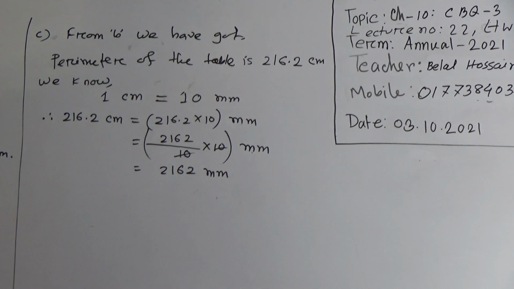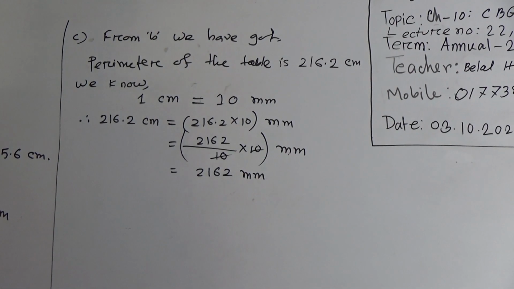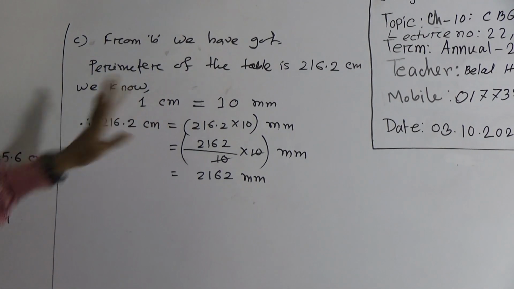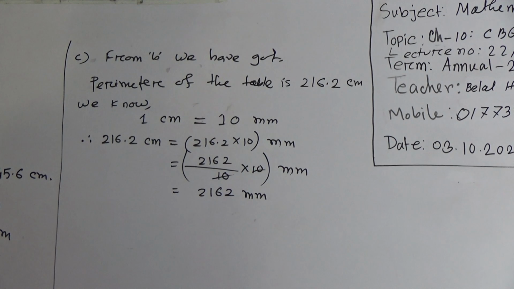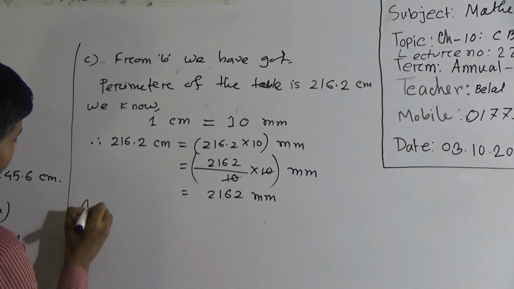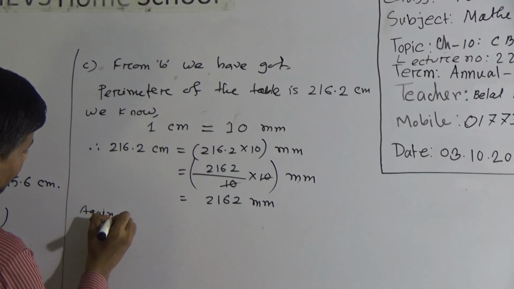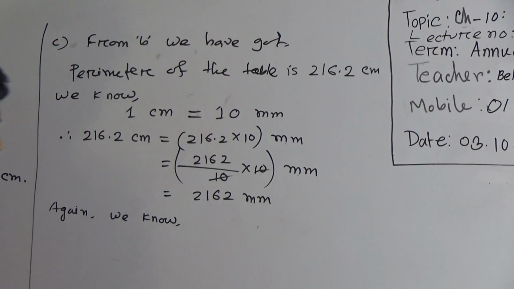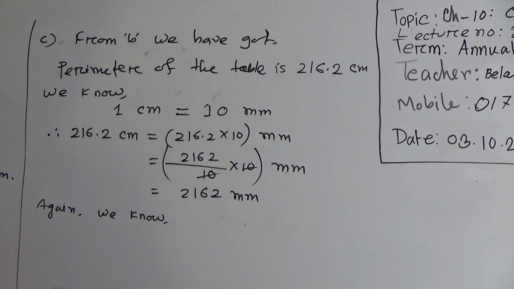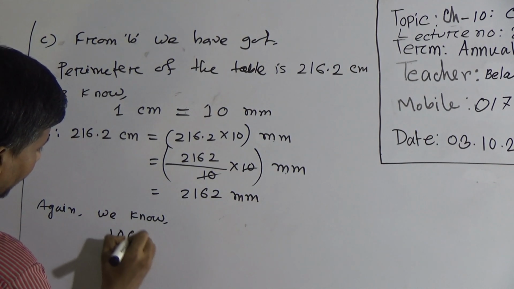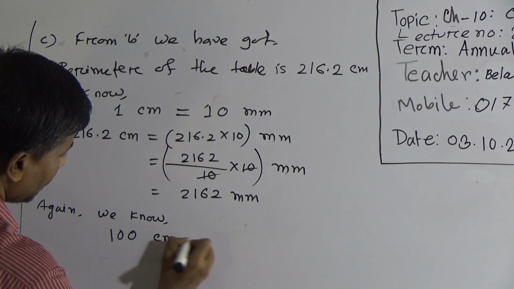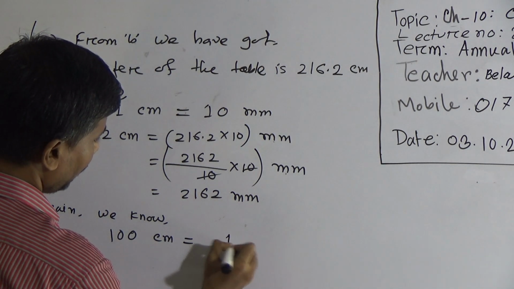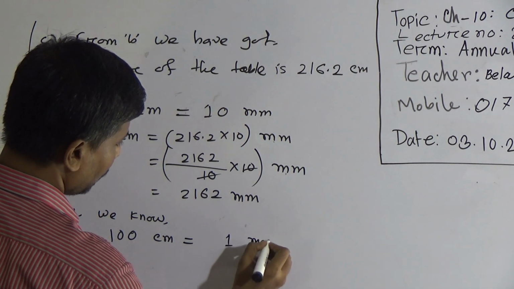Okay, now we have to convert again. The perimeter into meter, right? Again we know 100 centimeter is equal to 1 meter.